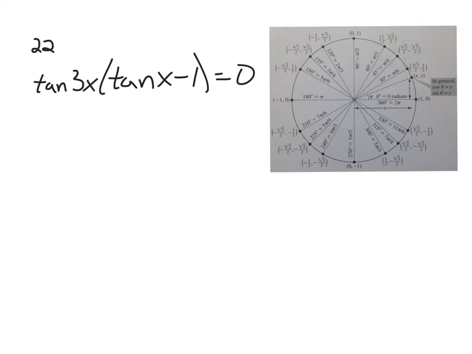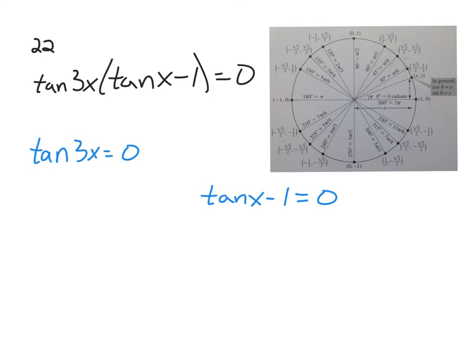All right, so on this one, it's kind of like they already factored for you. And so remember, when you have a factored problem that is already set equal to 0, you can just set each of the factors equal to 0 and then solve each individually, right?